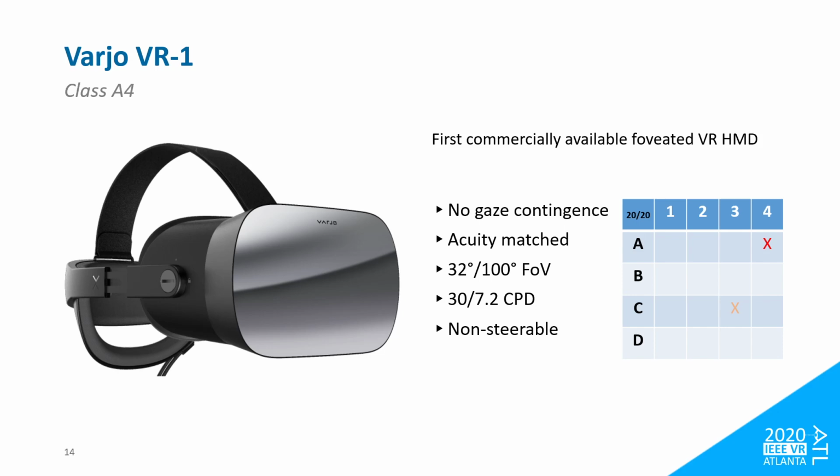I also put the light orange X in C3 because if you accept some peripheral artifacts, then the gaze can move with a narrow range inside the foveal inset display. I believe this is the intended usage pattern of Varjo's product. It's worth also noting that they have added gaze contingent rendering to their pipeline in the recent months.